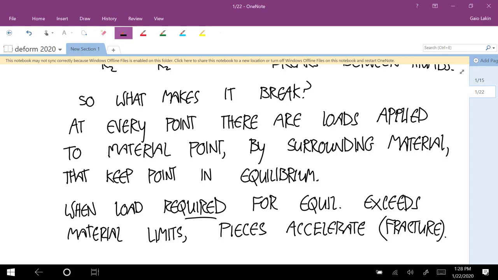Think of a bunch of people trying to hold their hands clasped together, and you have someone pulling on one side and someone pulling on the other side. The line of people isn't going to break where you're applying the force at the outside. That's equivalent to the external load.